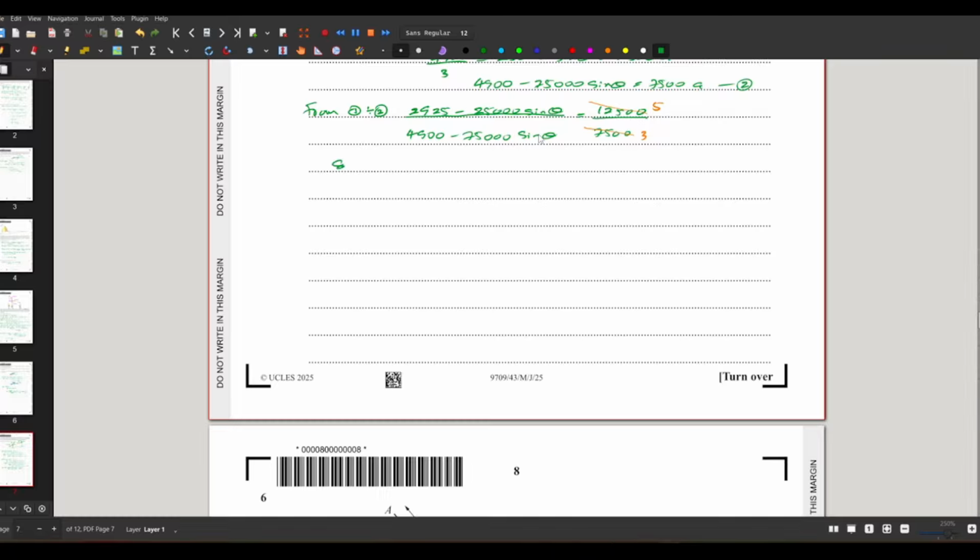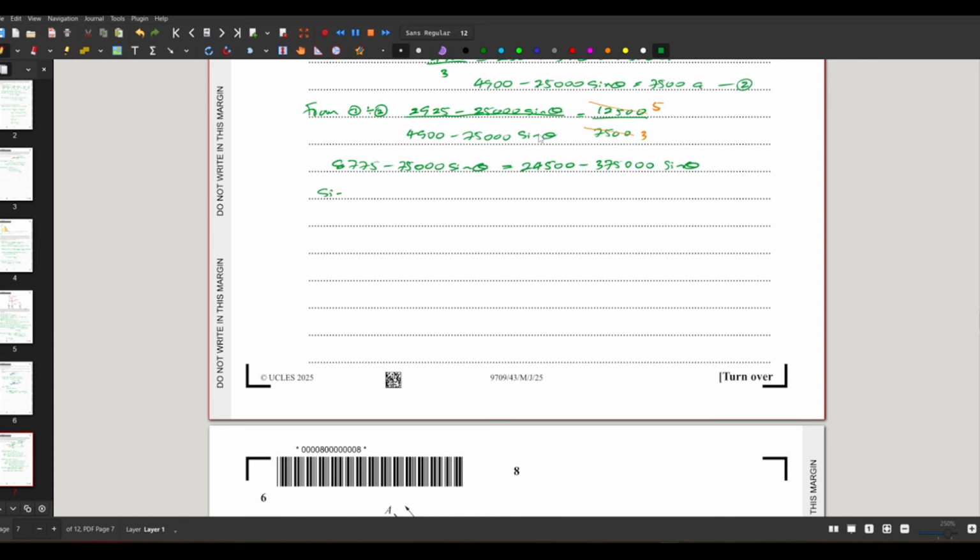So we will receive 8,775 minus 25 times 3 means 75,000 sine theta equals to, then here the denominator of the left side should multiply by 5. So you will receive 4,900 times 5, so 24,500 minus 75,000 times 5, 375,000 sine theta.